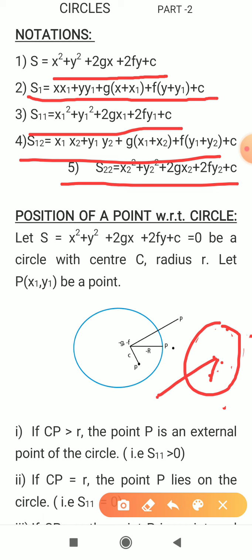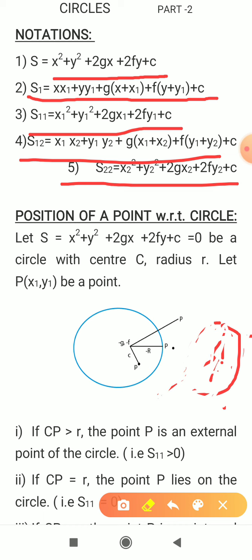Suppose this is a point on the circle: the distance from center to this point is equal to the radius. Like that, we have three positions: P is an internal point, or P is an external point, or P is a point on the circle.